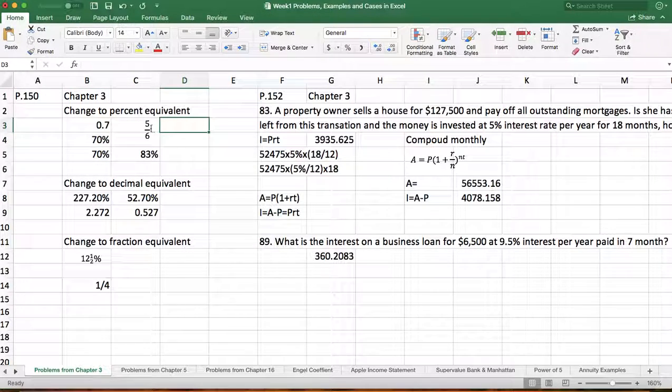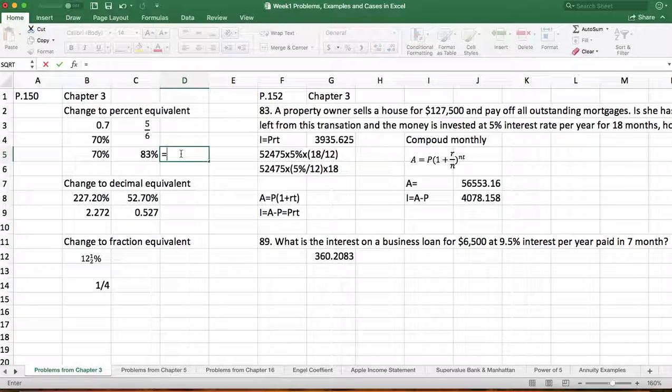For this one, it's 5/6. How to change this into percent? You choose a cell. You type equal. Remember, type equal, 5/.